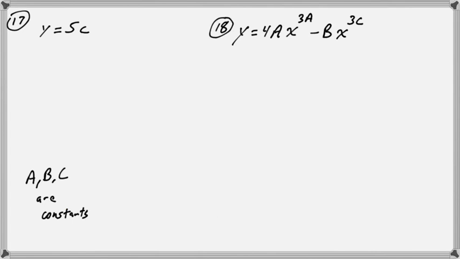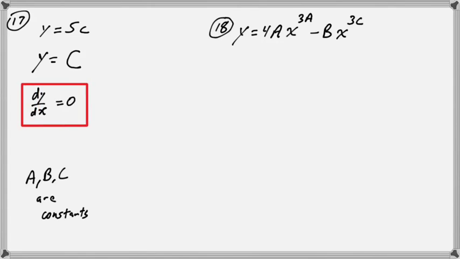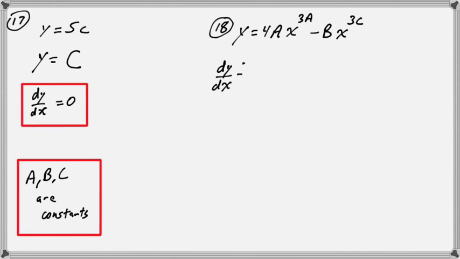Okay, 17. A, B, and C are constants. So if you have like 5, that is a constant. A constant times another constant is a different constant. And its derivative would be 0. You'd have to know that A, B, and C are constants. So if they are constants, you can keep the constant out front. So I'm going to have 4a out front. Then you're going to do power times base to 1 less power.